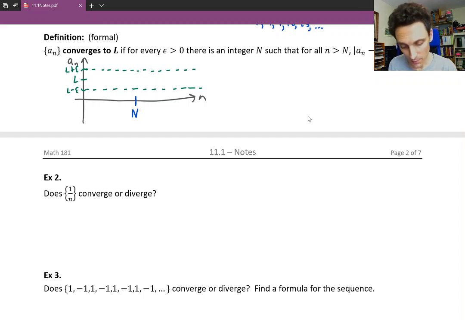Before n, anything could happen. You could have your terms going like this, they could be inside, but after n, they have to stay inside the epsilon tube.